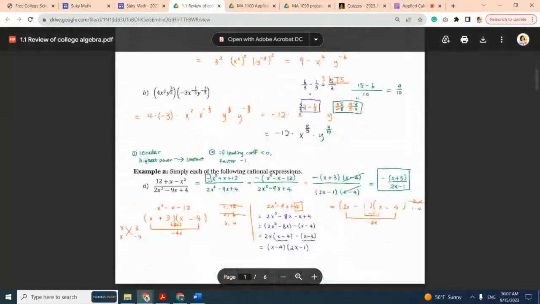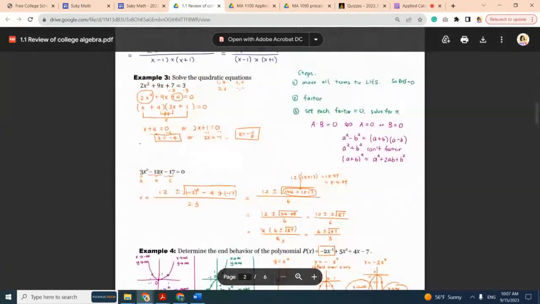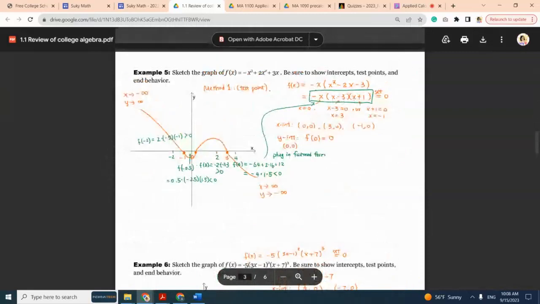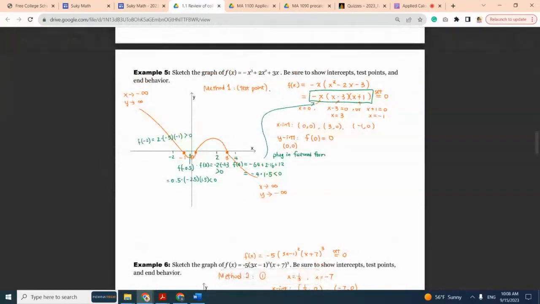How do we solve an inequality? Move all terms to the left-hand side, then set each factor equal to 0 to find the critical numbers. Then on each piece, you can pick a test point to plug in to see if it's positive or negative.